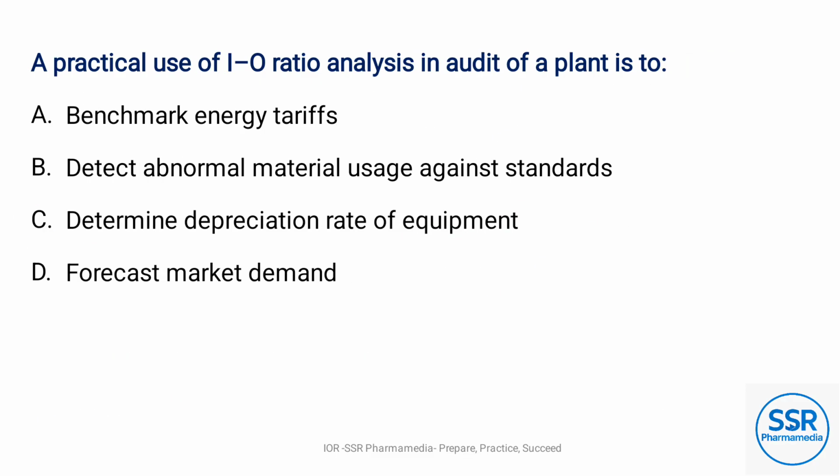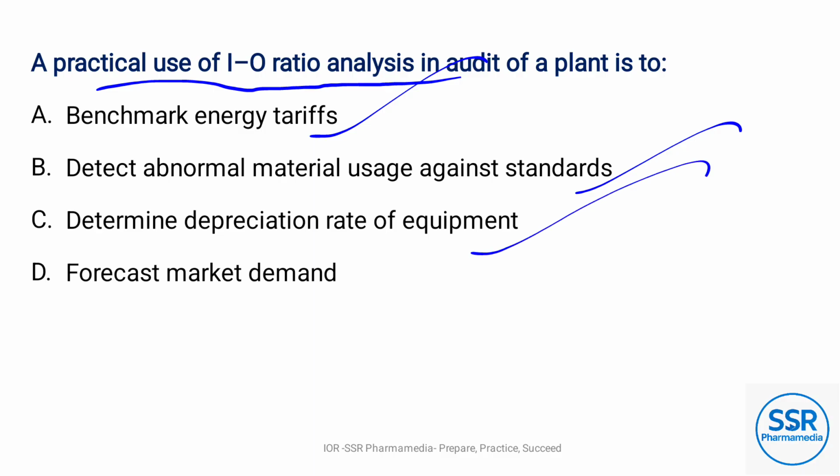Next question: a practical use of input-output ratio analysis in an audit of a plant is to: option A, benchmark energy tariff; option B, detect abnormal material usage against standards; option C, determine depreciation rate of equipment; option D, forecast marketing demand.